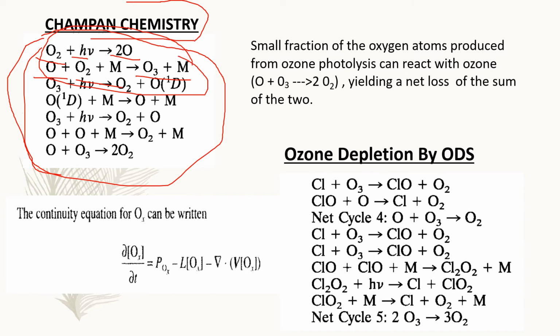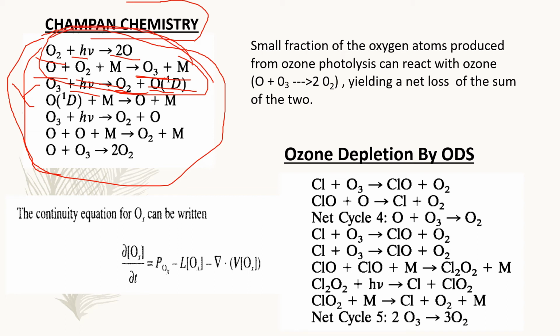Now this O3 again in the presence of UV light is decomposed into O2 and an oxygen atom. The O3 molecule which is formed here again in the presence of hν or UV light breaks into O2 and O, and this is the complete Chapman cycle.